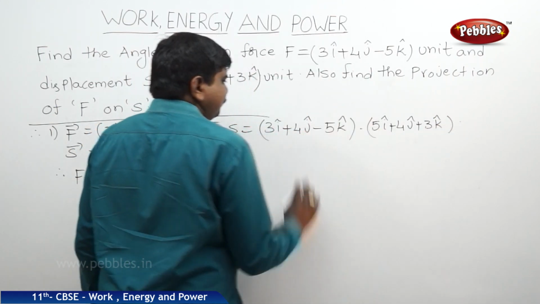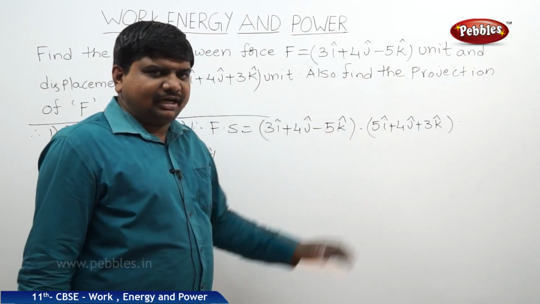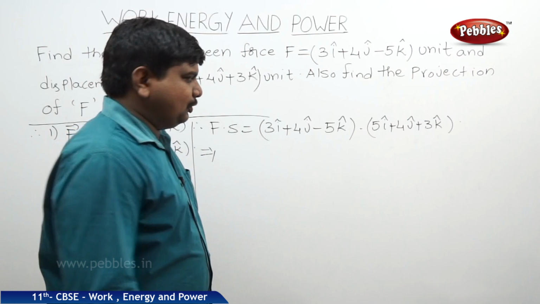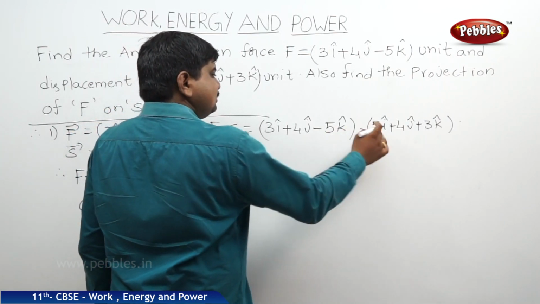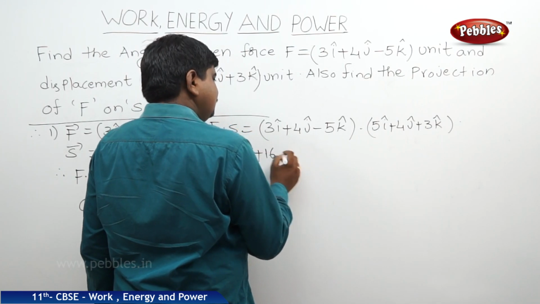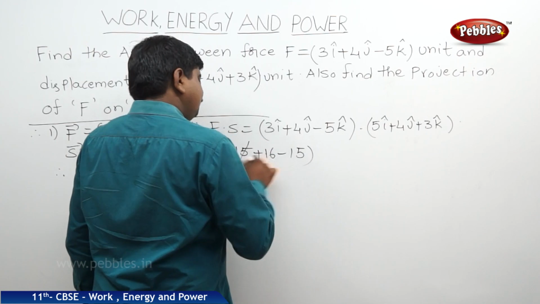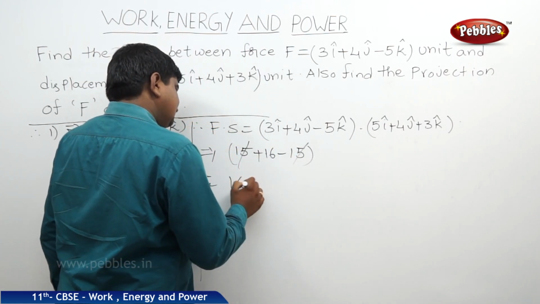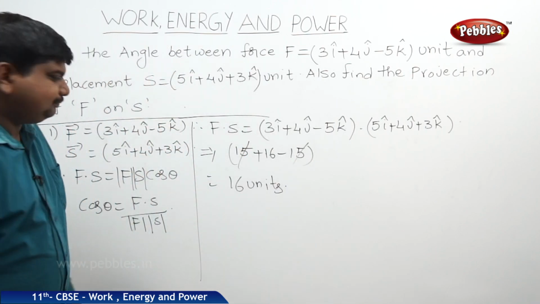So 3 into 5, where I dot I. All the remaining I dot J, J dot K, K dot I we can remove, because they are 0. So 3 into 5, 15, plus 4 into 4, 16, minus 15. The 15 and minus 15 get cancelled, 16 units is F dot S.